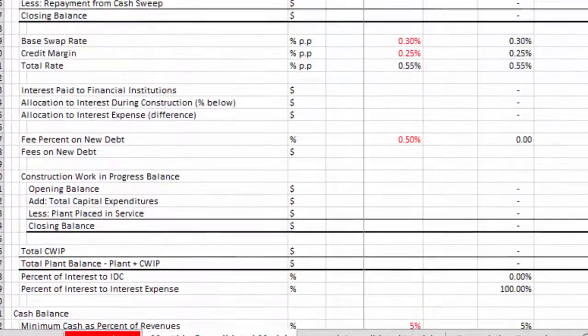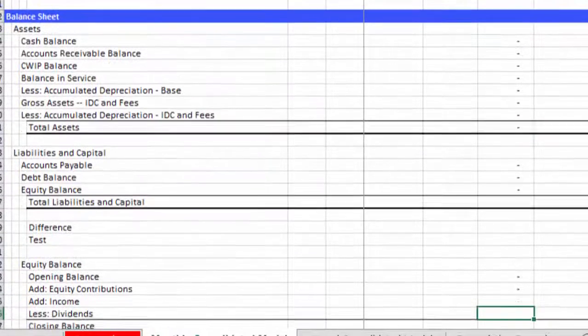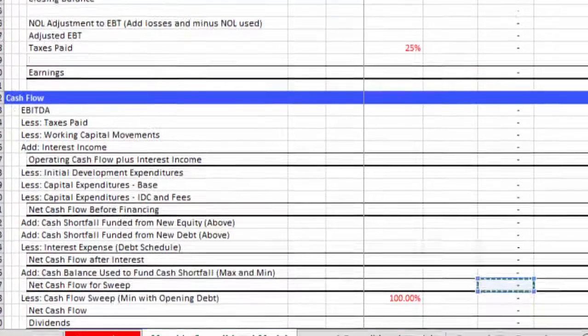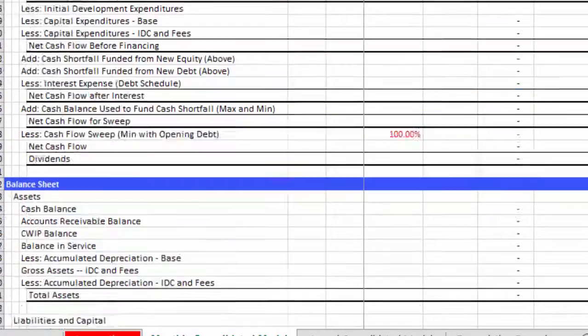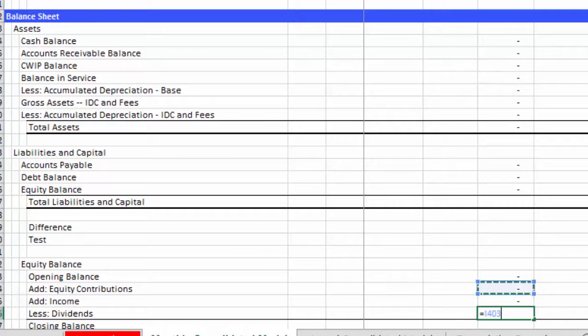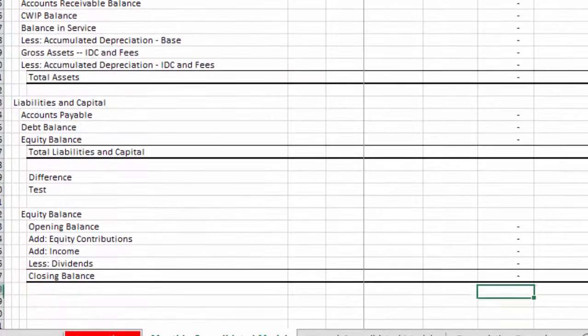So let's get the equity contributions and then the earnings, excuse me, and then the dividends. Those are the last two lines of these other statements, and then take the opening balance plus the equity contributions plus the income minus the distributions, and then just press alternate equal.